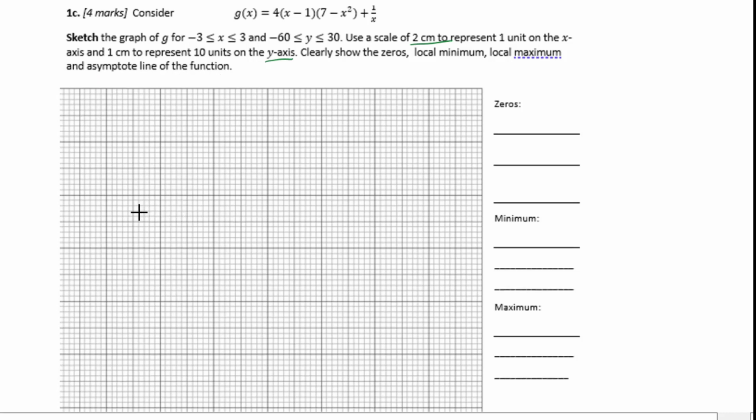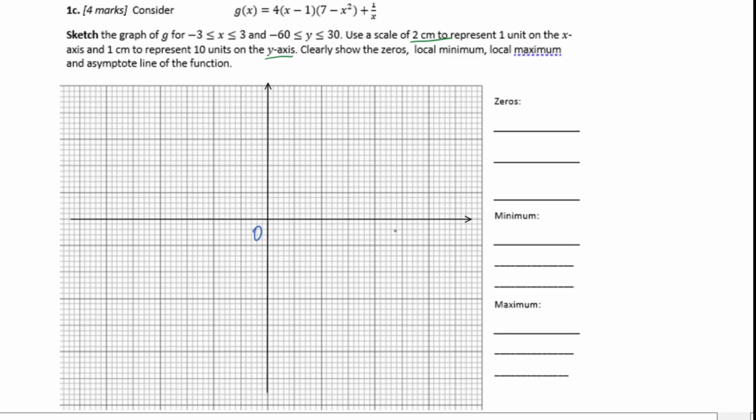We need to set up this coordinate plane first. 0, x-axis and y-axis. This will be 1, 2, 3, negative 1, negative 2, negative 3.